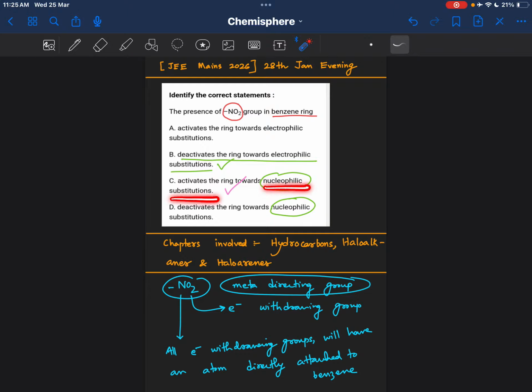For nucleophilic substitution, a nucleophile is going to attack, right? Nucleophile wants less electron density because it likes positive charges. Because of the presence of electron withdrawing group like NO2, it withdraws the electrons out, decreases the electron density, and activates it towards the nucleophilic substitution. Okay, so B and C are correct statements. Okay, thank you.